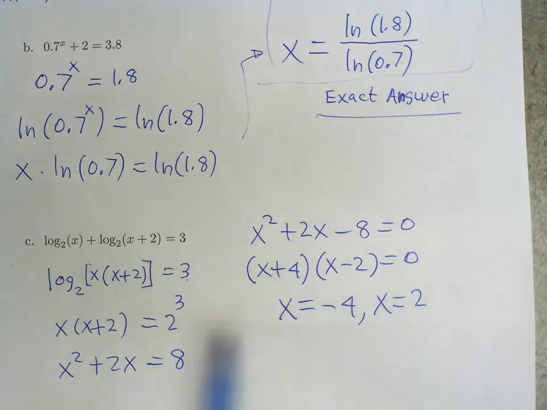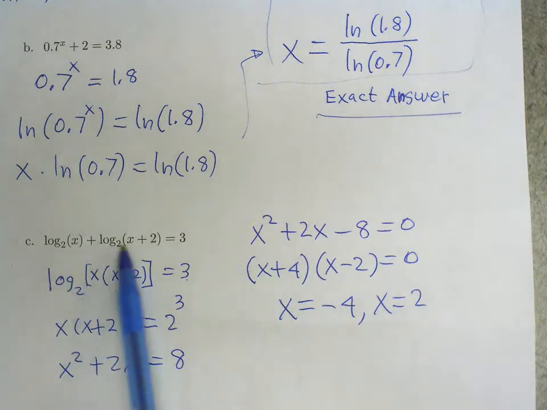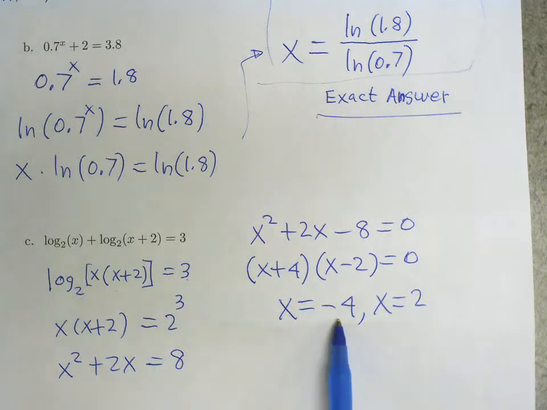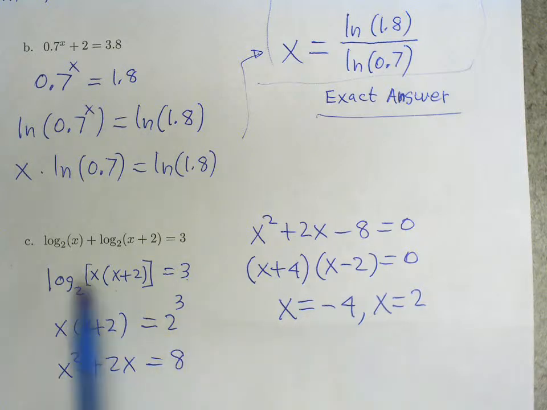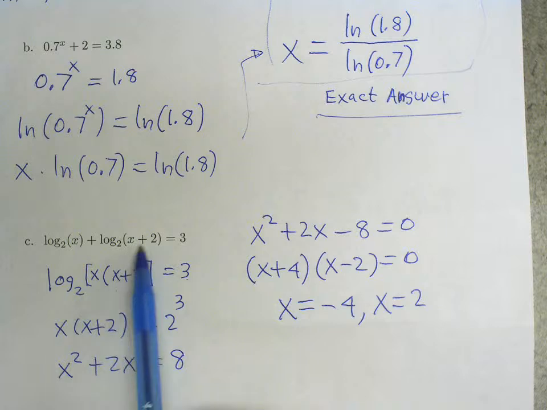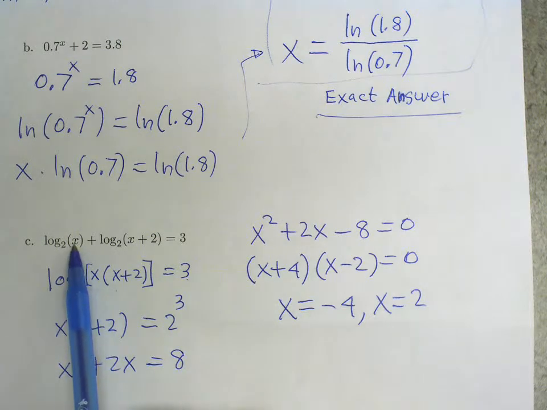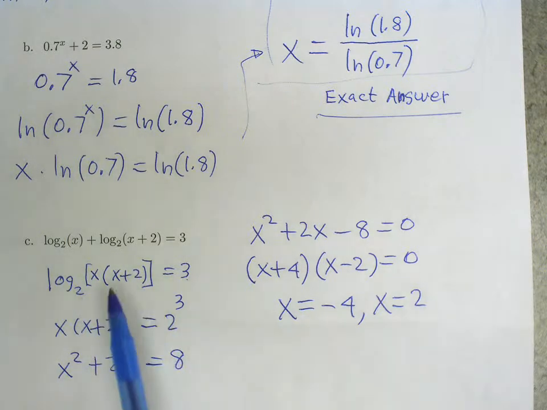But remember that we're solving a logarithmic equation. We can tell by looking that negative 4 cannot be a solution to the logarithmic equation because it makes at least one of the arguments negative. It actually makes both negative, but it only takes one argument being negative to disqualify it.